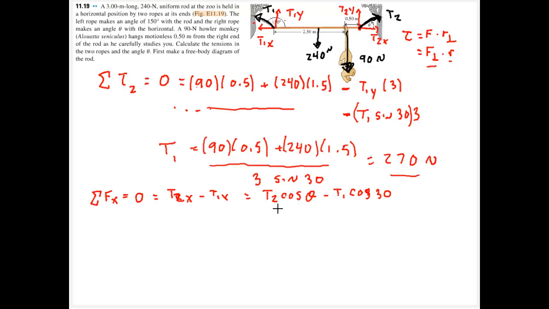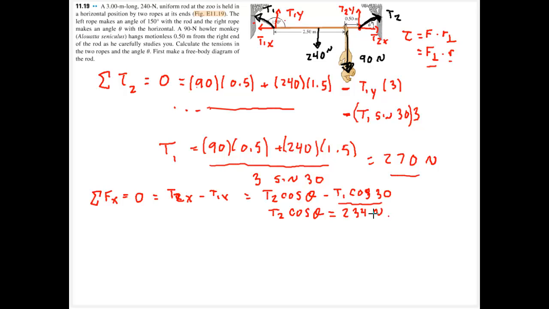So I take tension 2, I add this quantity to both sides, and I take 270 and multiply it by cosine of 30, and I get tension 2 cosine of theta must be equal to 234 newtons.